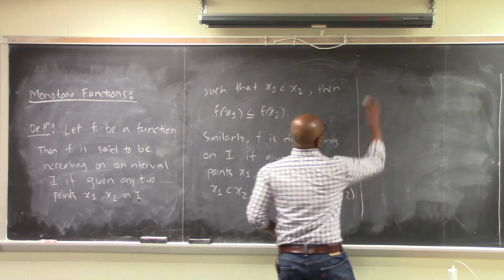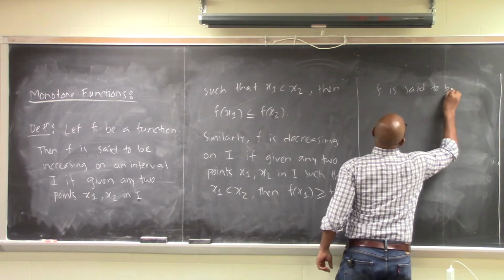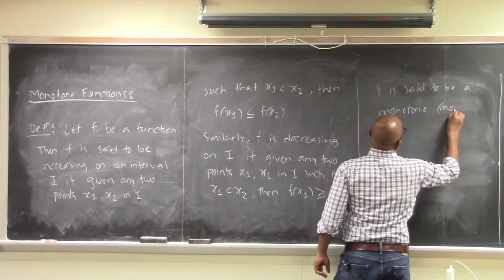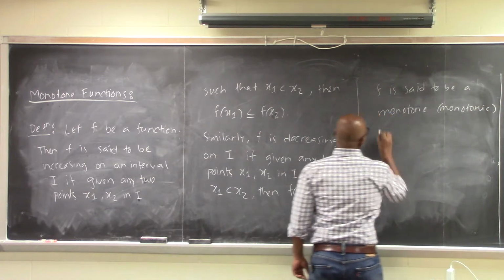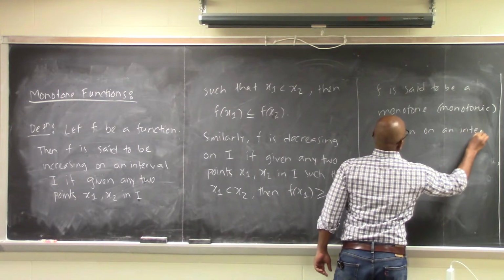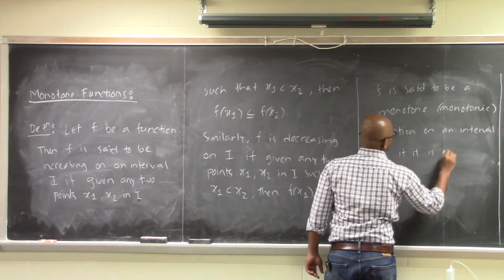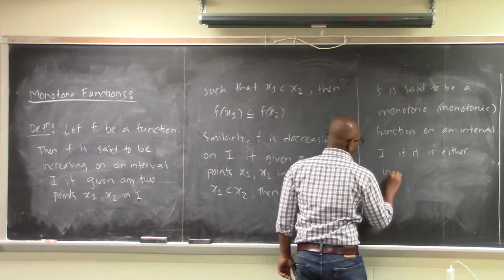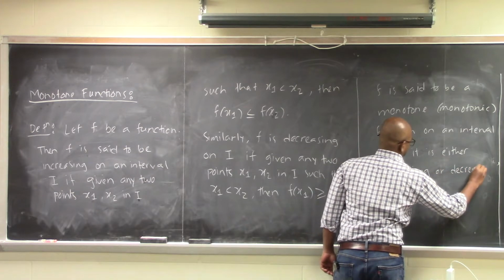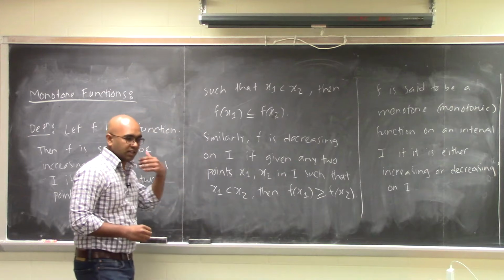What we say is this: f is said to be a monotone function, some people like to call it monotonic, on an interval I if it is either increasing or decreasing on I. So on I, if it starts to increase, it keeps increasing.